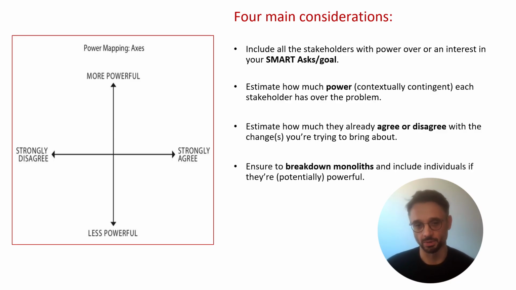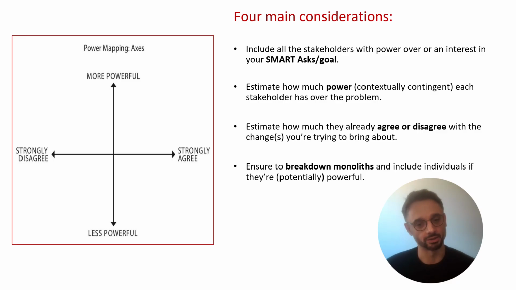Lastly, when we're stakeholder mapping, it's really important that we try to break down monoliths. If we're plotting groups with labels such as the government or men or women, these are monolithic groups that we should try and break down into their constituent parts to recognise the diversity within those groups. For example, if we're talking about the government, we should plot out perhaps the judiciary, the legislator, the executive.